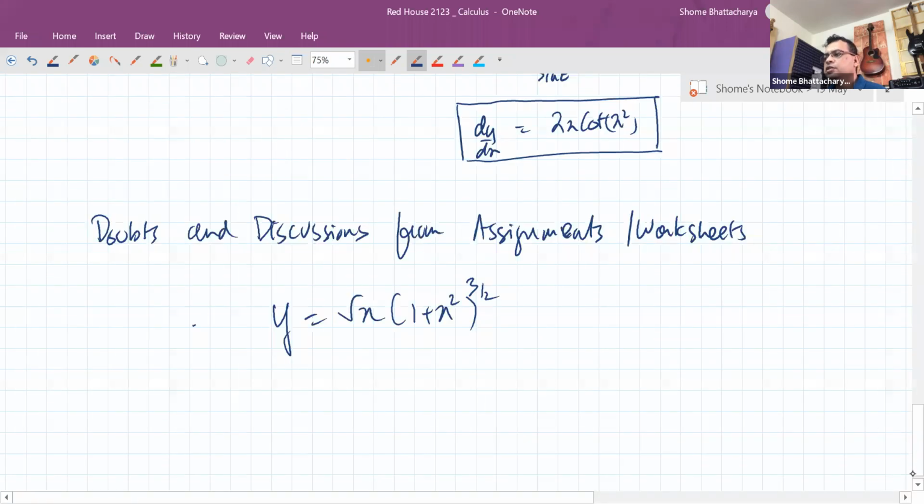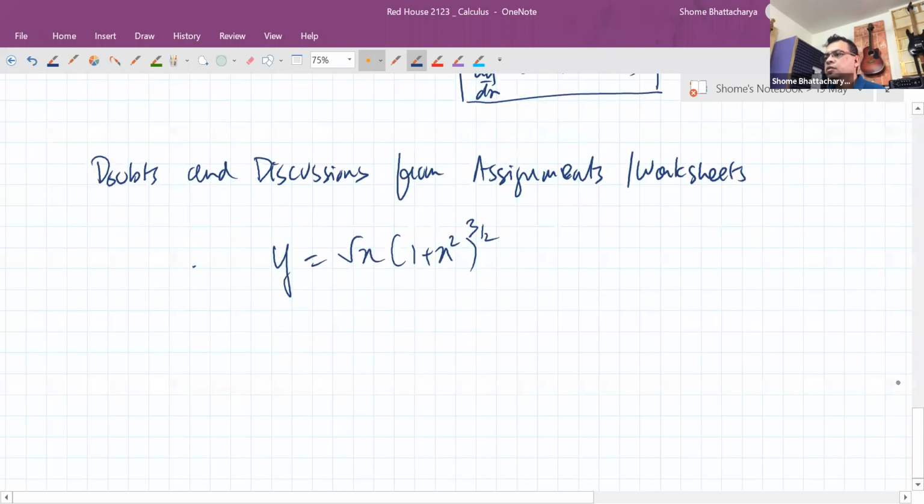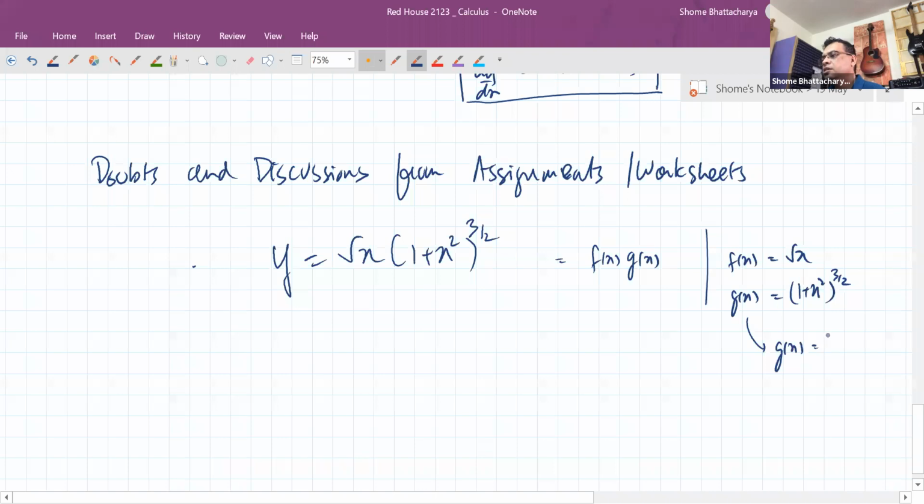So in this question, to make the whole thing look simpler, you can write this as f(x) into g(x), where f(x) is the simple function root x, but g(x) is the composite function (1 plus x squared) to the power 3 by 2. g(x) is of the type h of k(x), where h is the power 3 by 2 function and k(x) is the quadratic function 1 plus x squared.